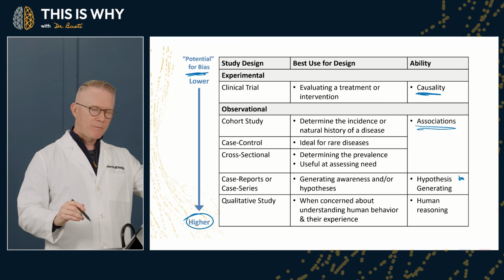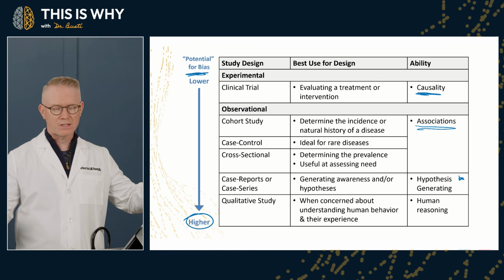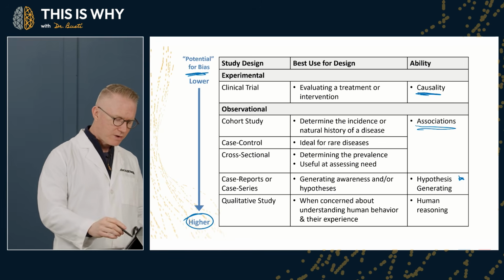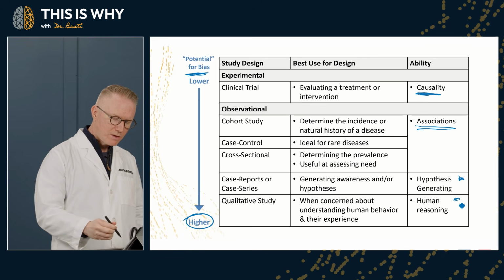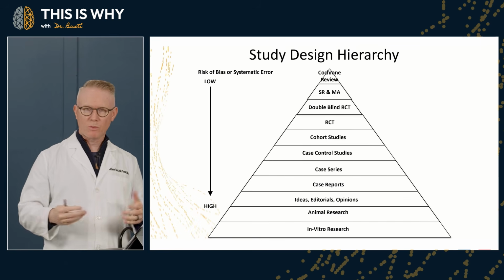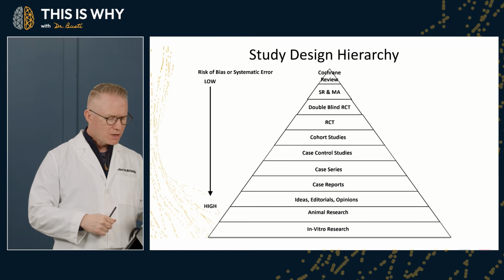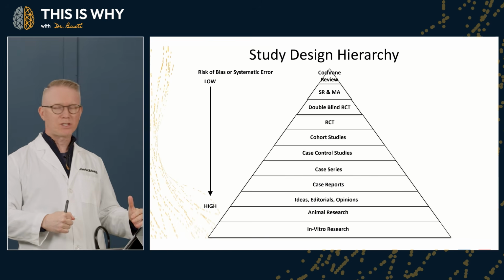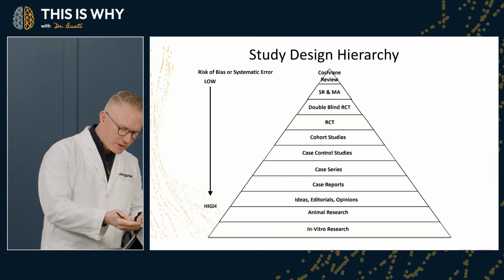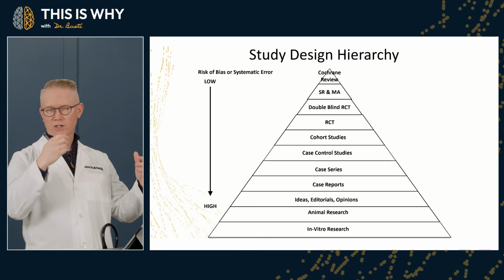But remember, if we're just starting out, many times the hypotheses come from a case or a series. And then qualitative studies are about the human reasoning behind the experience and what we do, why we do what we do, and how we feel about it. So this structure goes back to the study design hierarchy. And while not everything fits in there perfectly, you see these transition points.